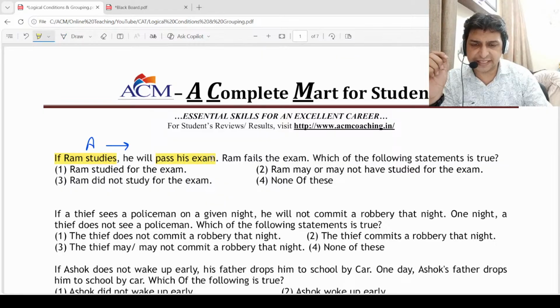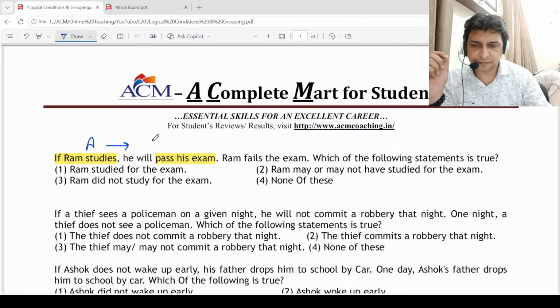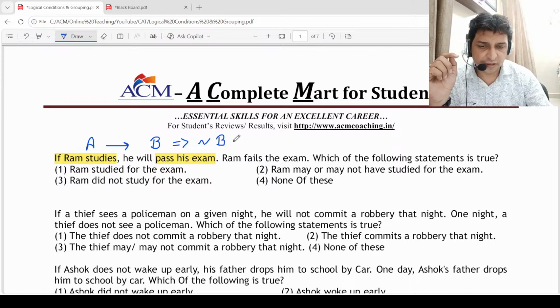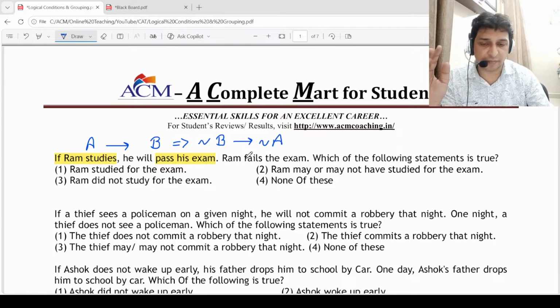That means passing the exam is going to be B. Now this concludes that if Ram will not pass, that means he did not study. Rest everything is going to be may or may not be.